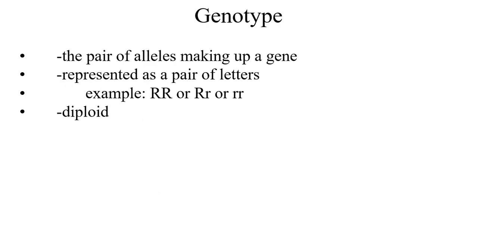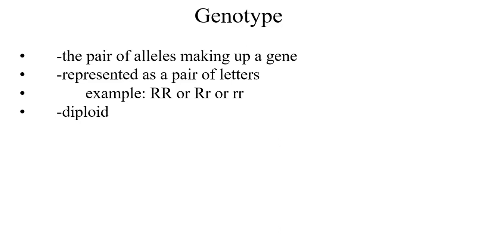Okay. And now another term that we need to look at is genotype. So the genotype is literally what the word says, the type of genes. And so a genotype refers to a pair of alleles making up a gene, and it's represented by that pair of letters that we just looked at.